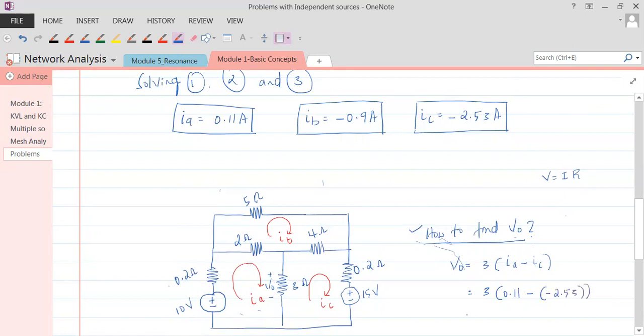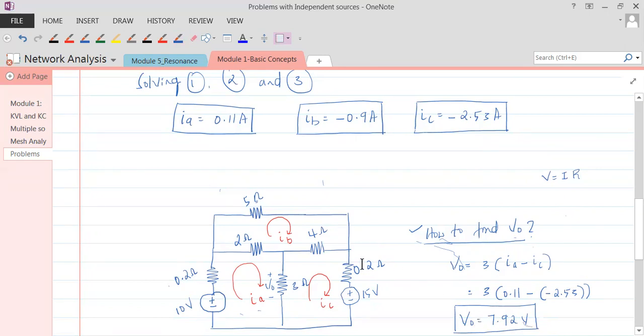V0 would be given by, I have calculated that value, it is coming as 7.92 volts. Get this point, everybody? It is 7.92 volts.